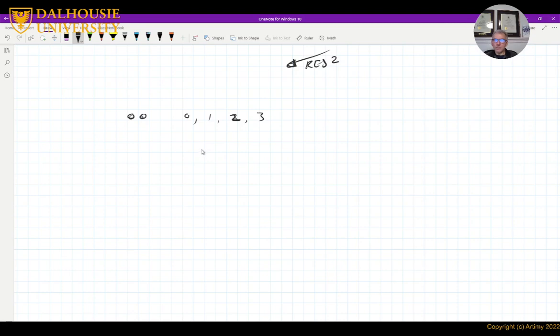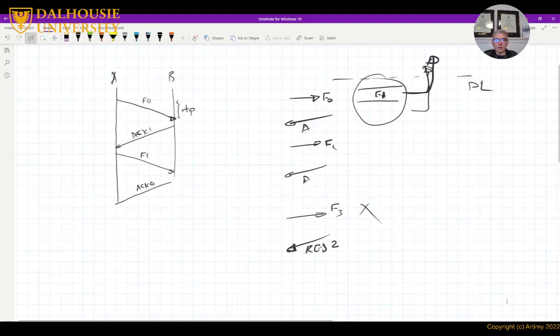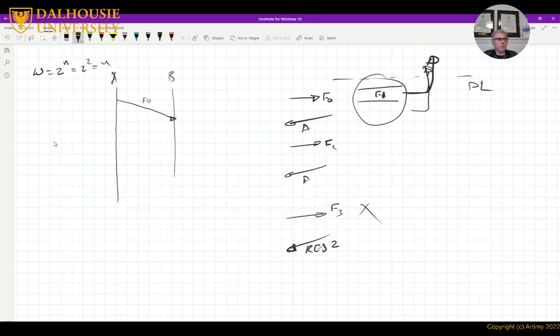So let me draw it better here. Let's go back to our A and B. Let's assume that W equals 2 to the power n, which is 2 to the power 2, which is 4, right?